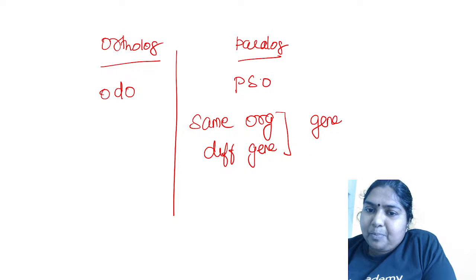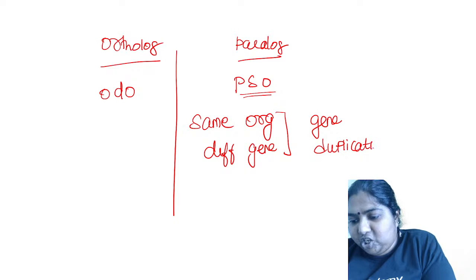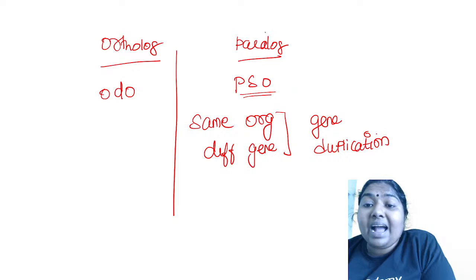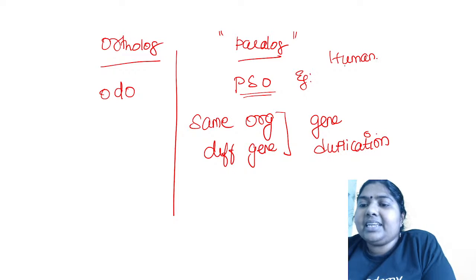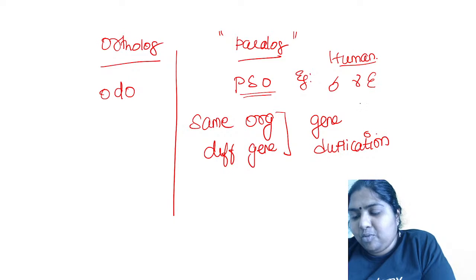So this PSO: paralog means it has undergone some kind of gene duplication. This only makes them act as paralogs. So what could be the example? You take the human. In human, you have your delta hemoglobin, gamma hemoglobin, epsilon hemoglobin.